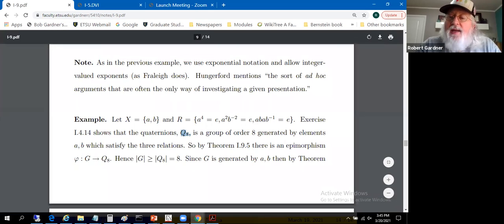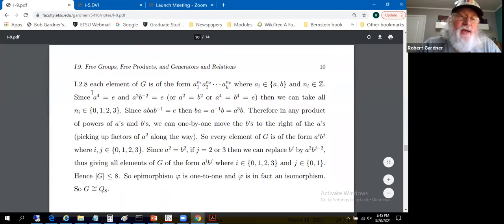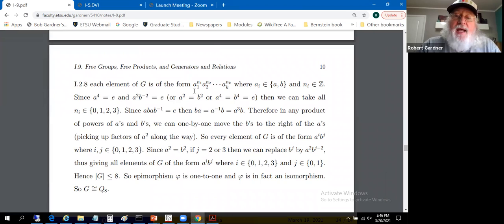G is generated by a and b. So we know by Theorem 1.2.8, which we've used quite a bit, that the elements of the group generated by a and b are always of the form an integer power of a times an integer power of b times an integer power of a, and so forth. It's a product of powers of the generators. We wouldn't have a power of a times a power of a, since those we could combine.